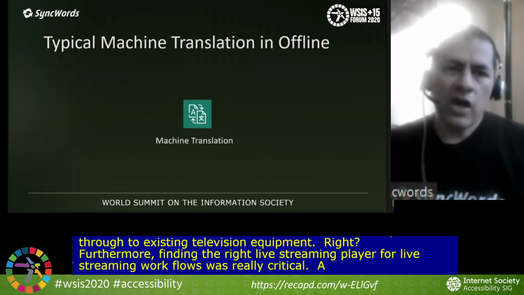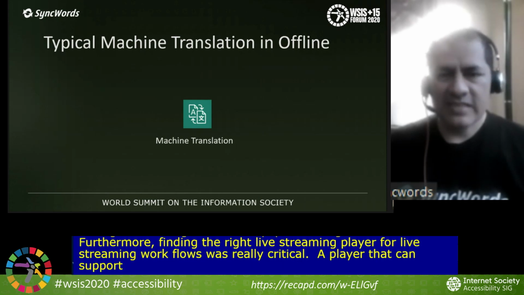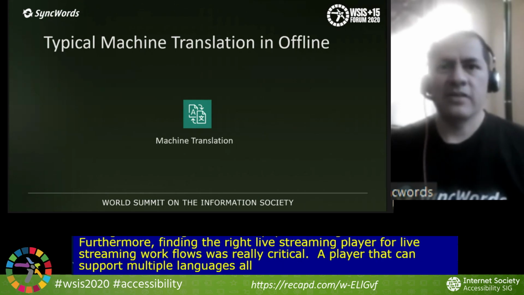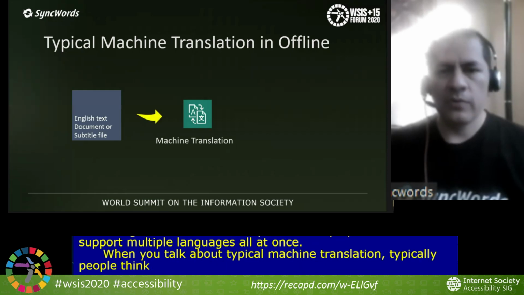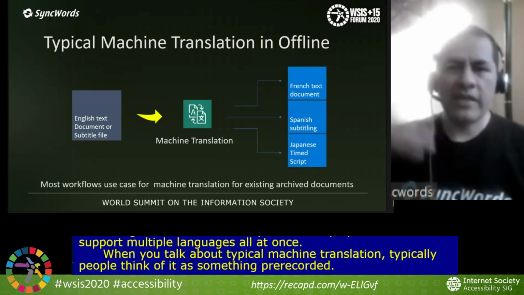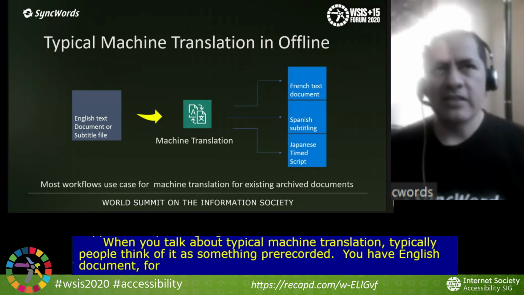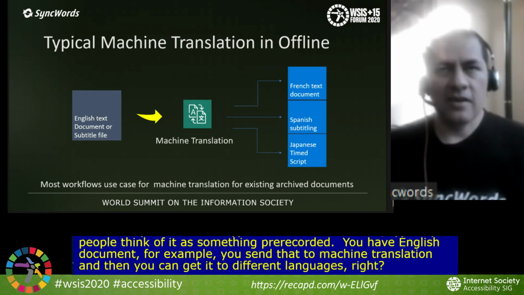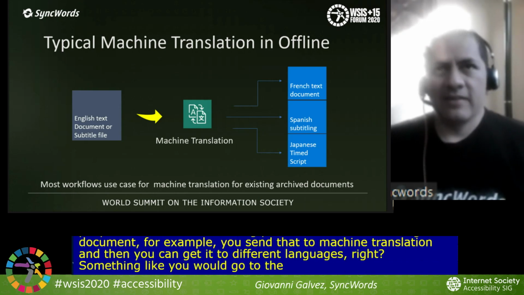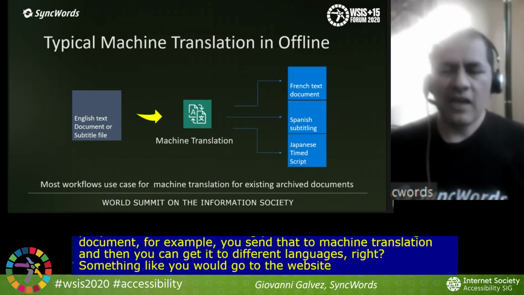When you talk about typical machine translation, people think of it as something that's pre-recorded, right? You have an English document, for example, you send that to machine translation, and then you can get it to different languages, right? Something like going to Google and translating something on a website. But for live, it's a whole different animal.